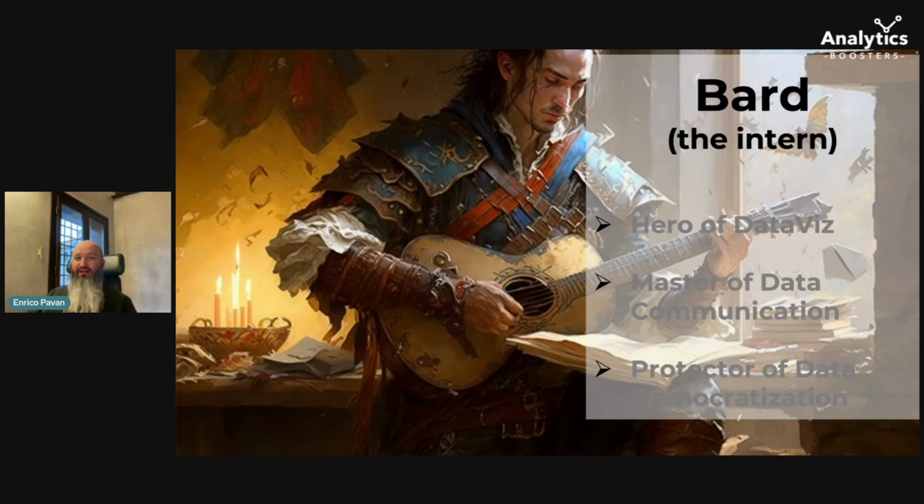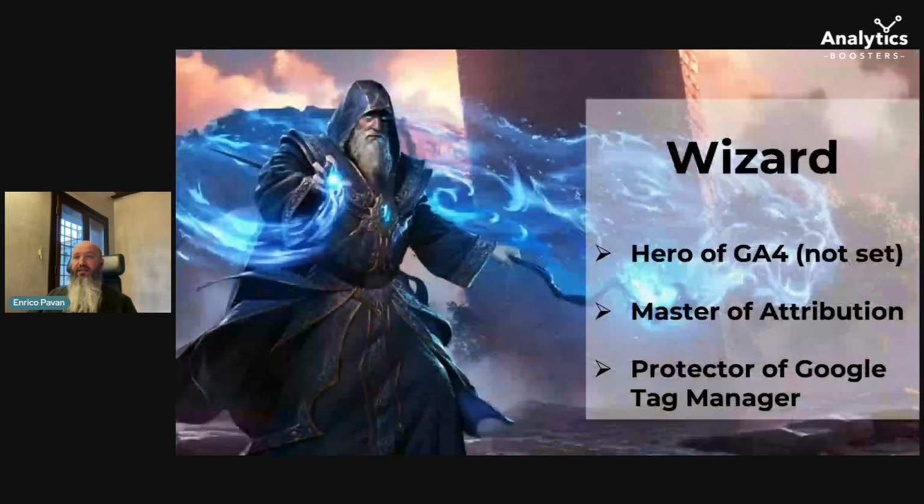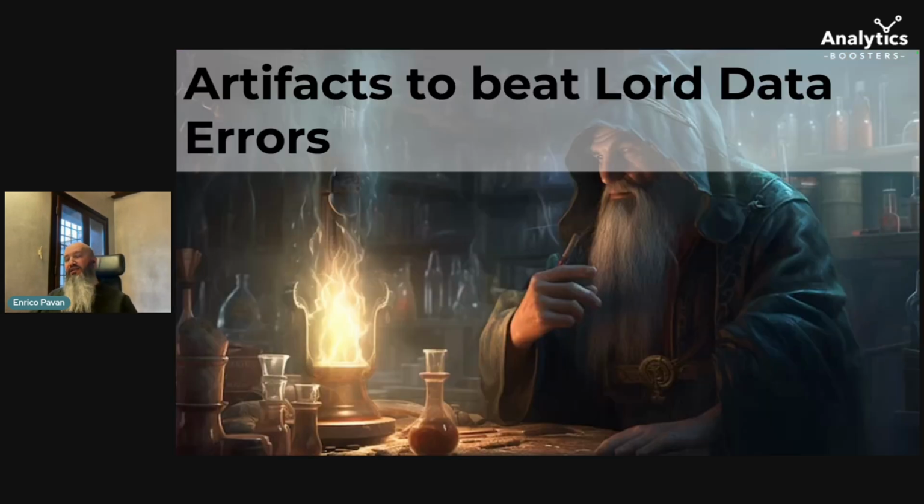And then, joking apart, we got the wizard, that is the hero of GA4, specifically for not set, the master of attribution, and also the protector of Google Tag Manager. So when they are in the Lonely Data Tavern, they listen to a wise man that is talking about artifacts that could be used to beat Lord Data Errors.